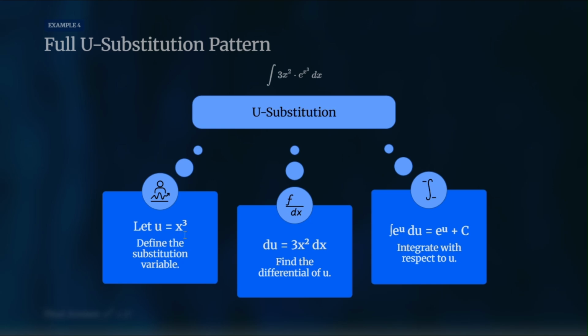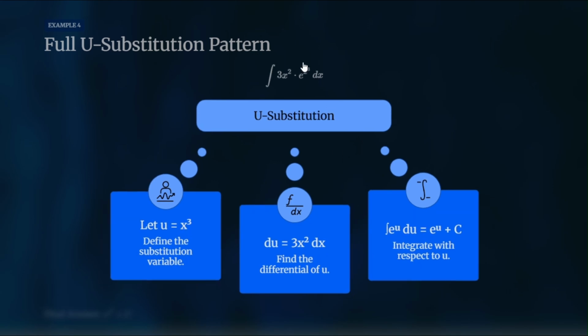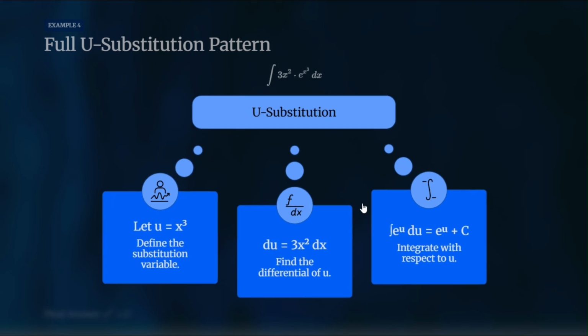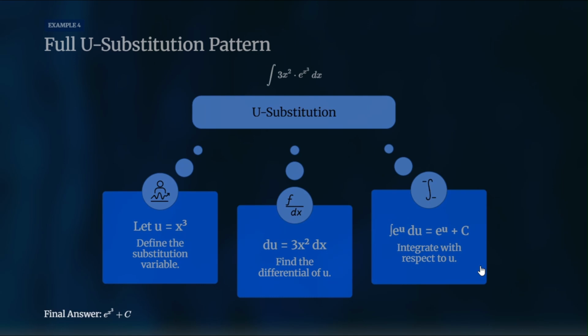So if we let u equal x cubed, du is 3x squared dx, and we can use substitution. This becomes the integral of e to the power u, because x cubed is u, and 3x squared dx is du. And this antiderivative will be e to the power u plus c. We can substitute back, and that will be e to the power x cubed.